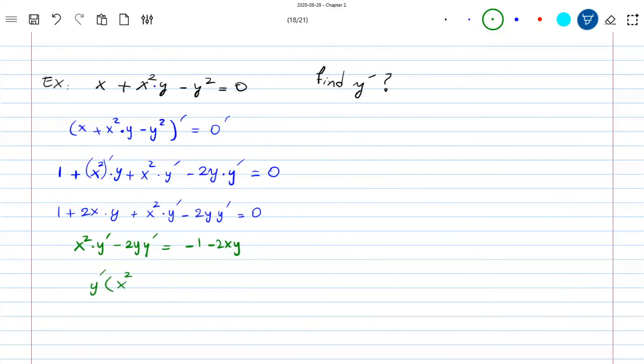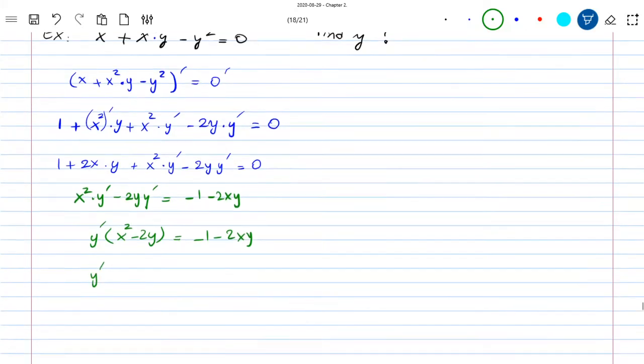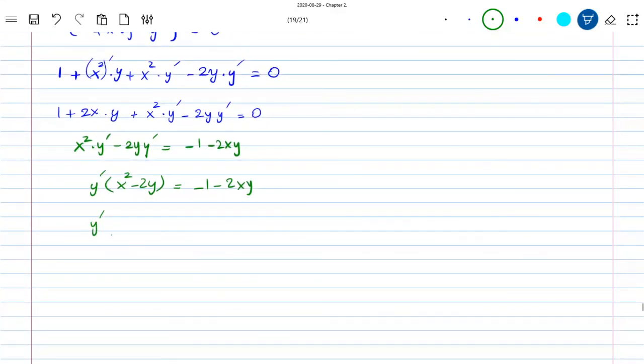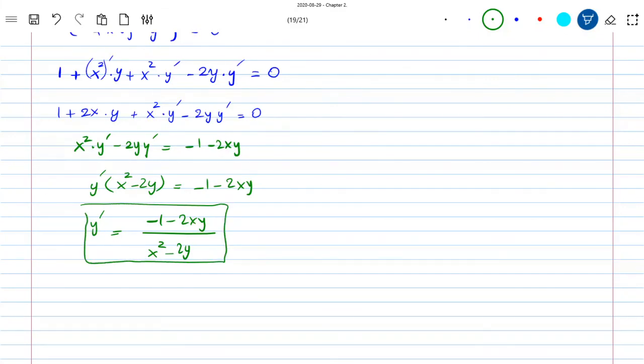There is x squared minus 2y equals -1 minus 2xy. And finally, if I want to find the y prime by itself, I will simply divide both sides by x squared minus 2y, sorry. So you have -1 minus 2xy divided by x squared minus 2y. And I figured out what is y prime. That means I found out what was dy over dx.